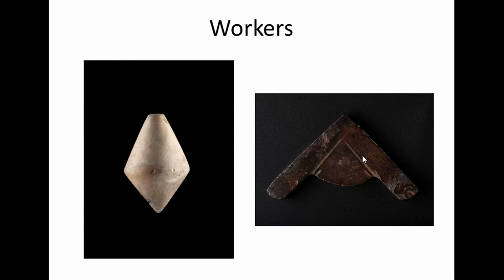The object on the right is a mason's square, except it's not. These two pictures are not to the same scale. This is teeny tiny. A model of a real square, which would be possibly carried or possibly worn as an amulet, possibly as a badge of identity by a stonemason.